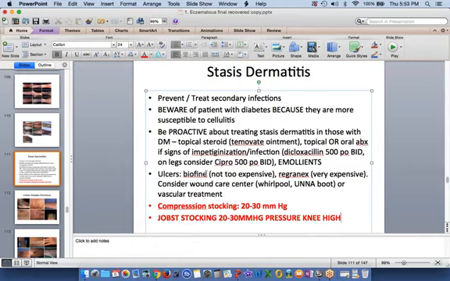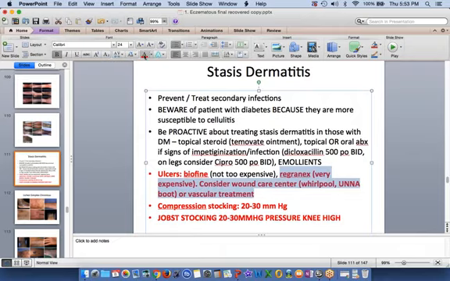Now, once you get an ulcer, there are all sorts of different ways of treating these ulcers. Biofilm is one. Regranex is very expensive. Sometimes people could go to a wound center, but they can mess you up. It depends if the wound center is good.